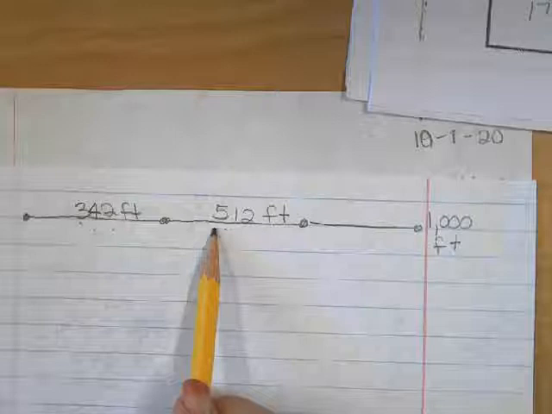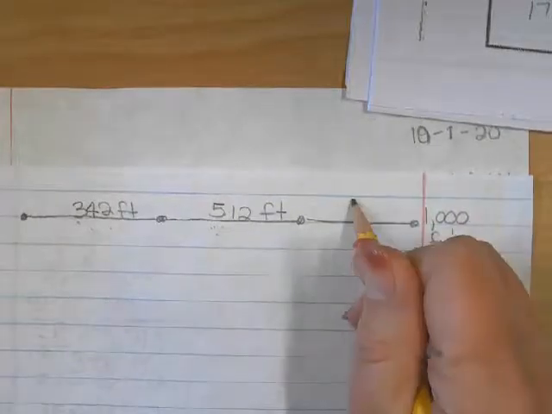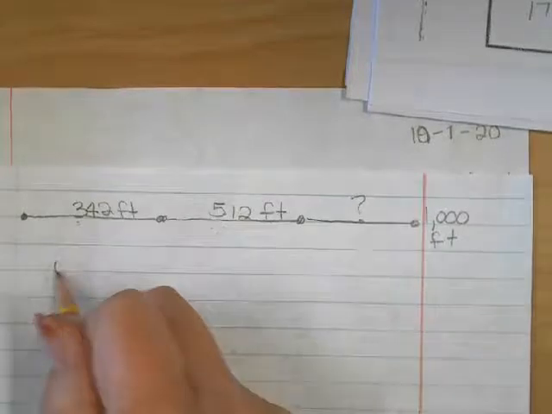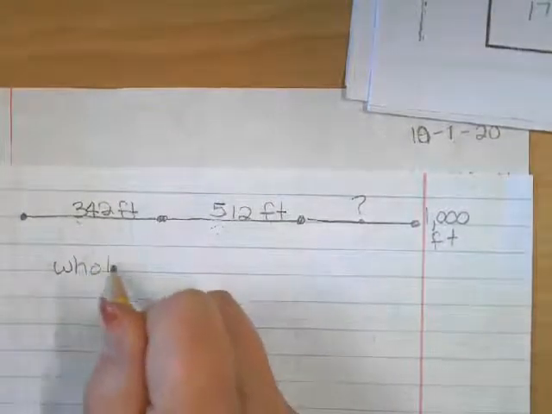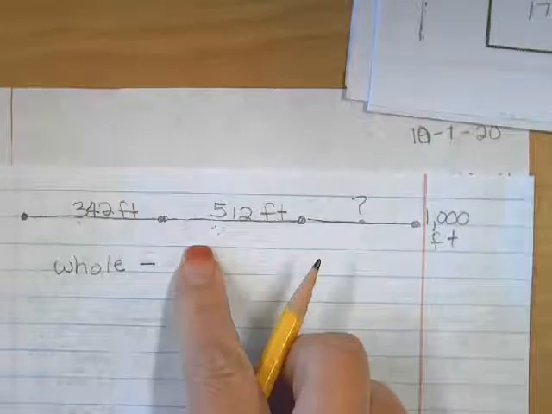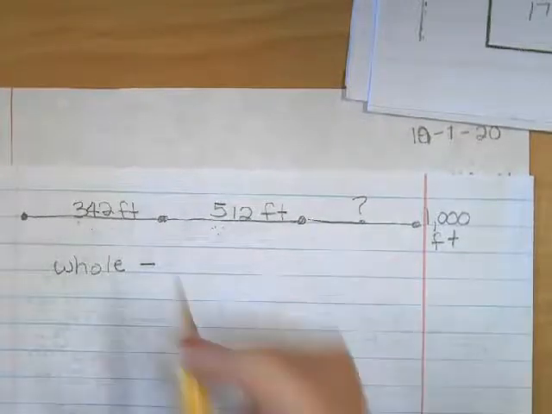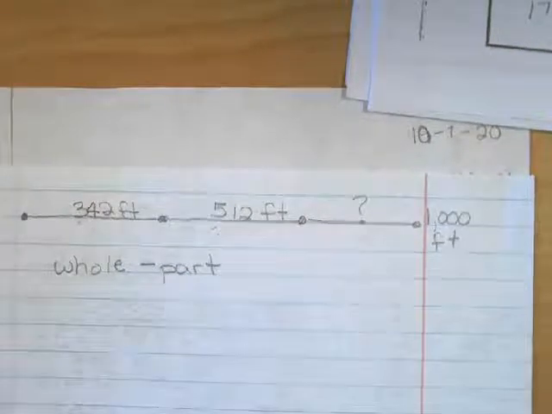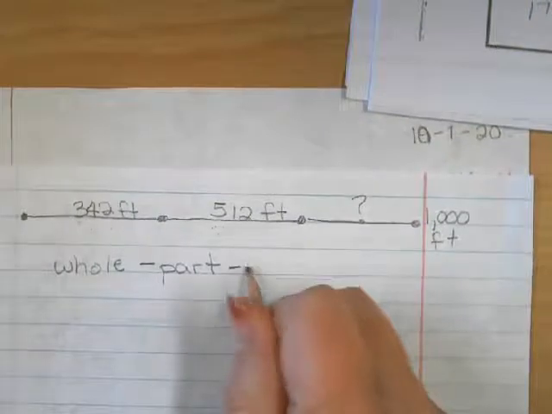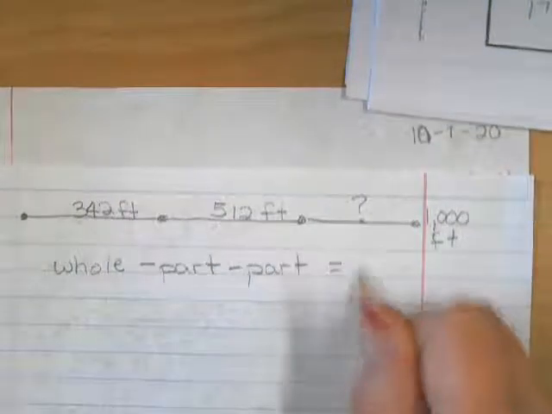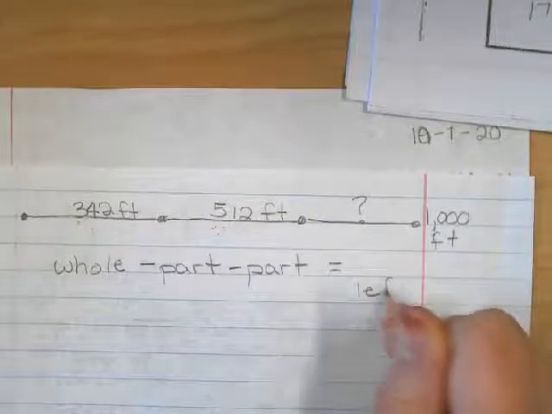So now we need to think, okay, well, we need to find this missing part. We know the whole, and we know 2 of the parts, but we're missing a 3rd part. Remember that if we know our whole, we take out the parts that we do know to find out what's left.